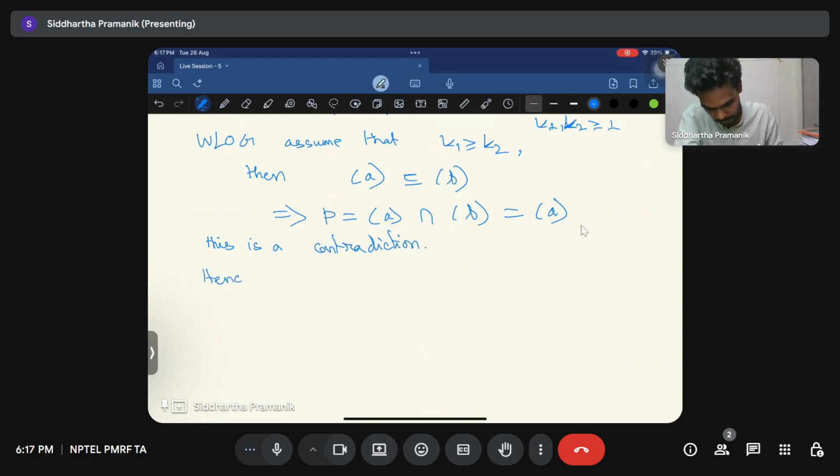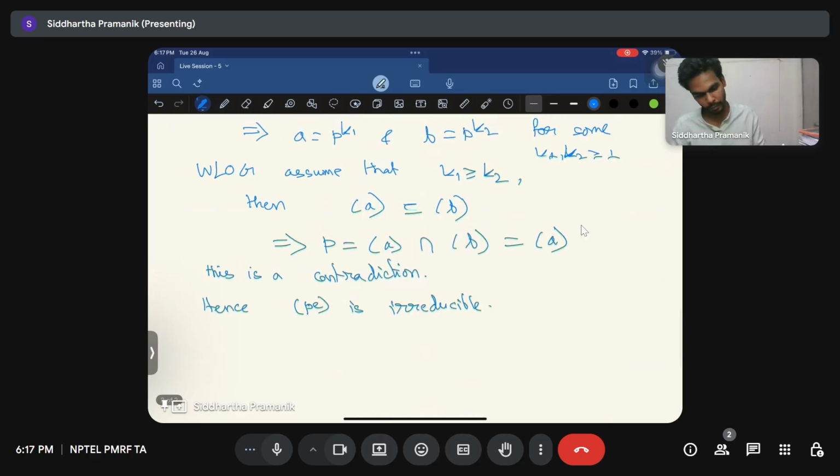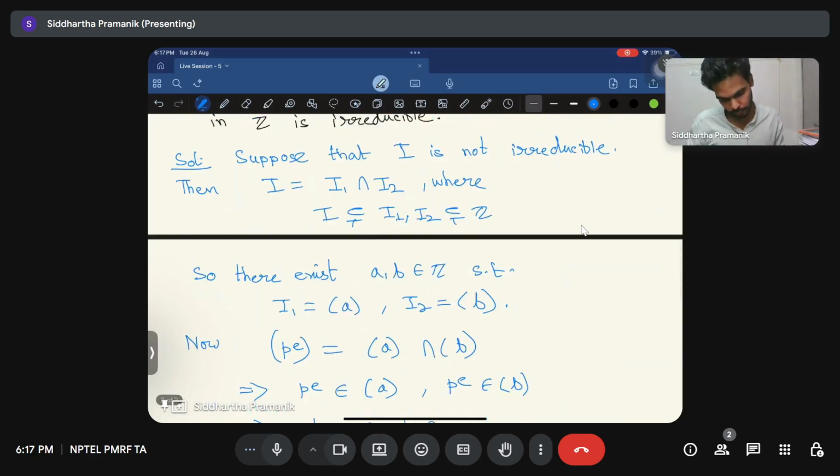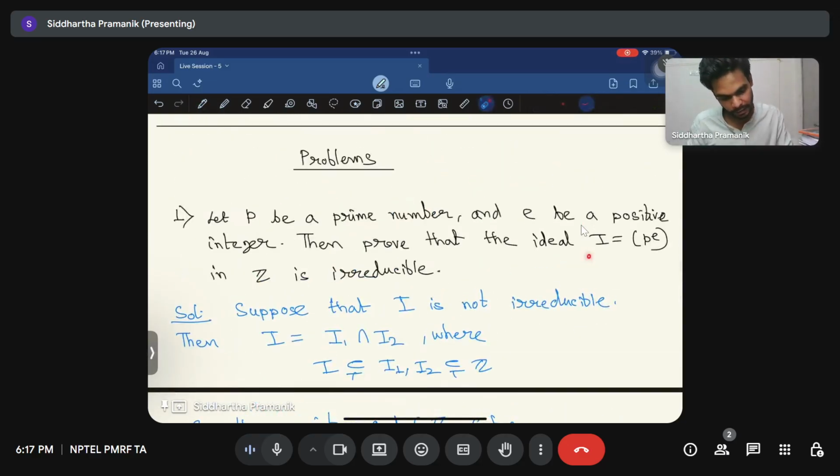Hence, p^e is irreducible. So ideals of this form, meaning ideals which are generated by some power of a prime number, have to be irreducible in the ring of integers Z.